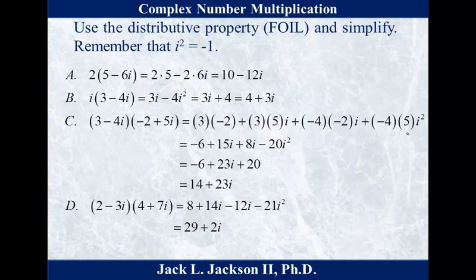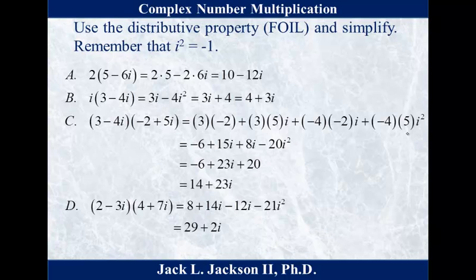The next two we're going to use the FOIL method. In part C, I've actually written out all the details. In D, I've done a little bit more in my head, which is the way I think you're probably going to end up doing it yourself. So 3 times negative 2 is for the F, that's negative 6. The O is 3 times 5i, so that's 15i.